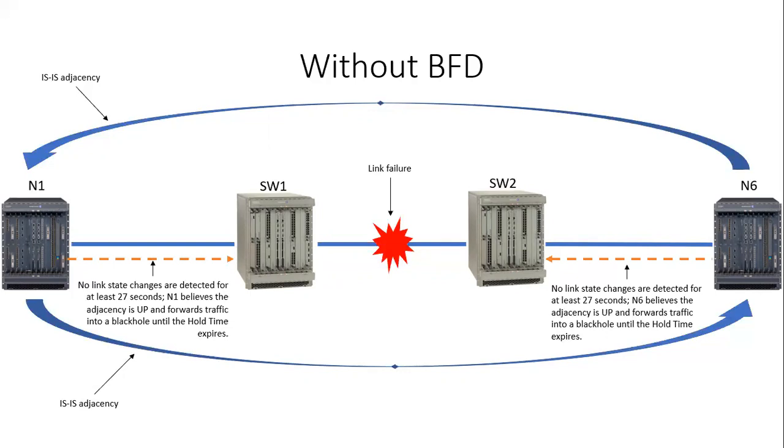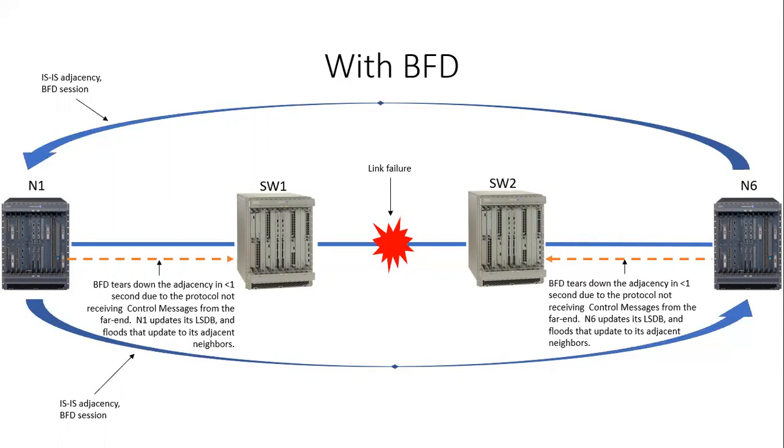So for those 27 seconds until that timer expires, both routers are going to think that the adjacency's up, because they haven't detected a link state change or update, since the state of their links hasn't changed. Their connections to each switch are still operationally up.